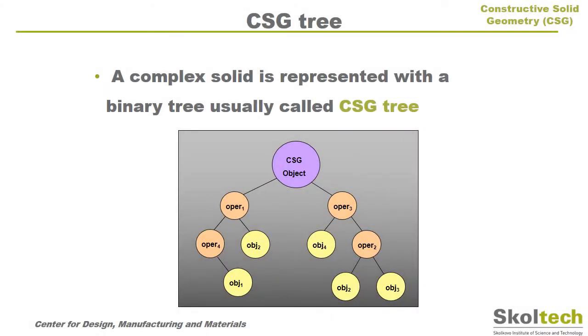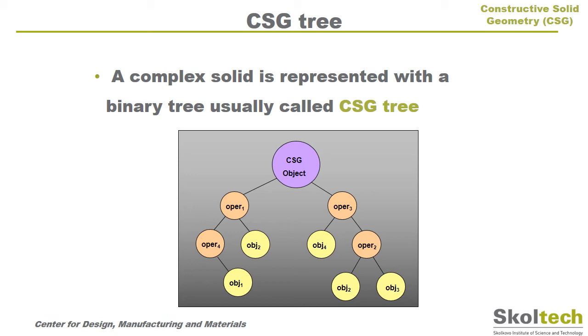A complex solid is represented with a binary tree, usually called a CSG tree. Don't be surprised, please, these trees are growing with the root up and leaves down. A typical binary structure includes the root, purple color in this figure, nodes, pink-orange, and yellow leaves. In the case of the CSG tree, the root represents the resulting complex object.